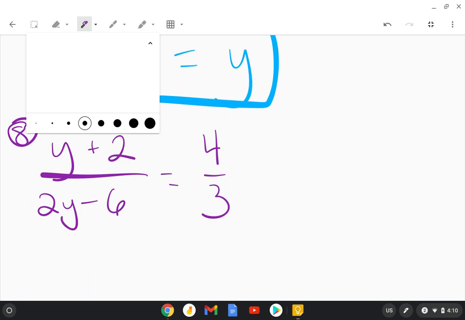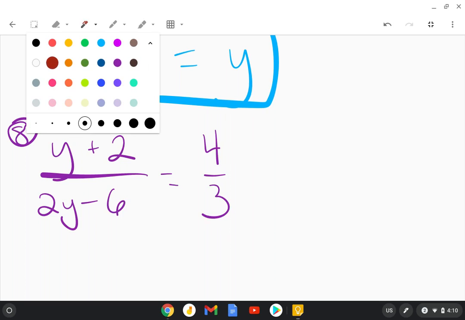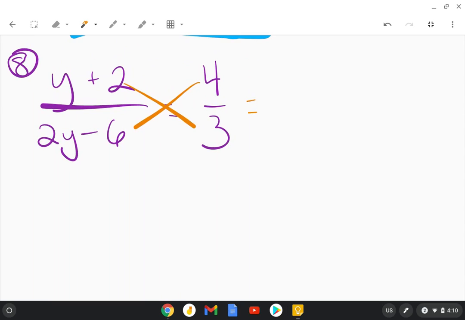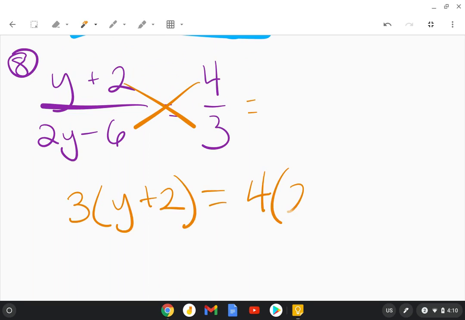We know that we're going to be cross multiplying. So we're going to multiply these and we're going to multiply these. So when I do that, I get 3 times y plus 2 equals 4 times 2y minus 6.